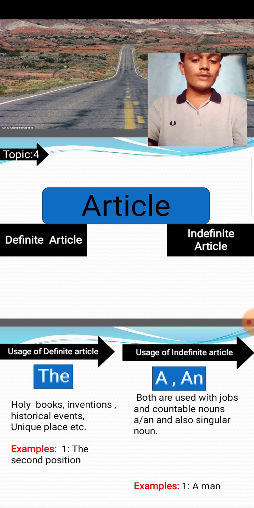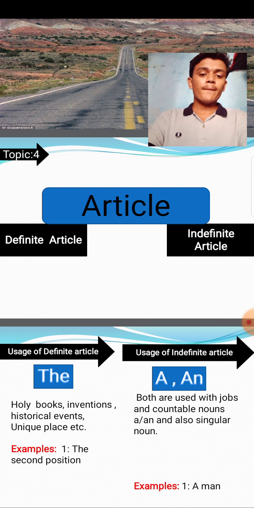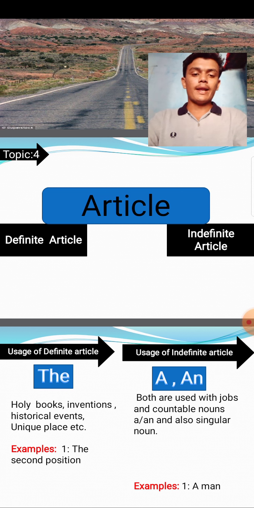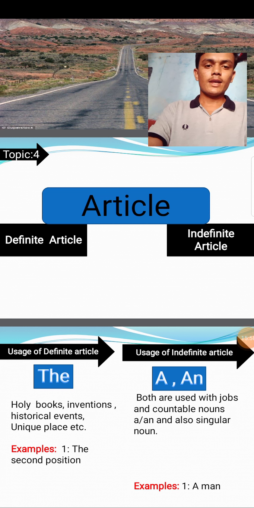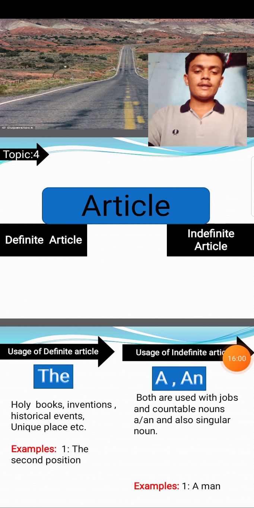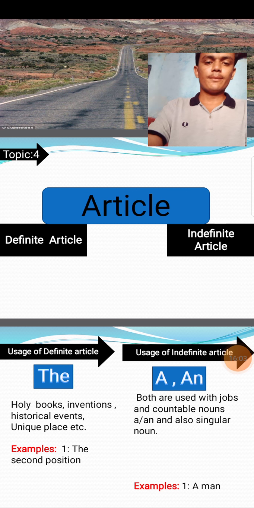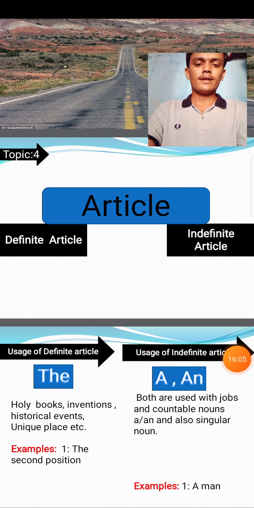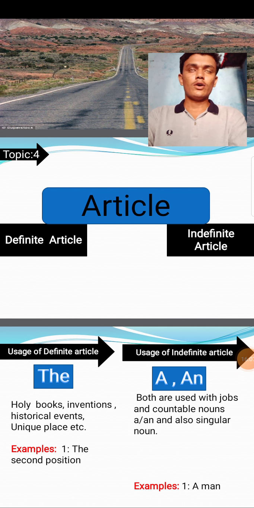A and an are used with countable singular nouns. Examples: a man, a boy, a girl. This is the example of indefinite articles. Hope you understand.